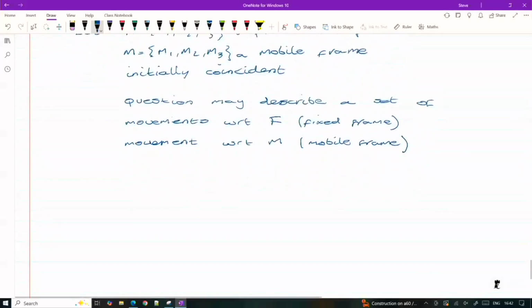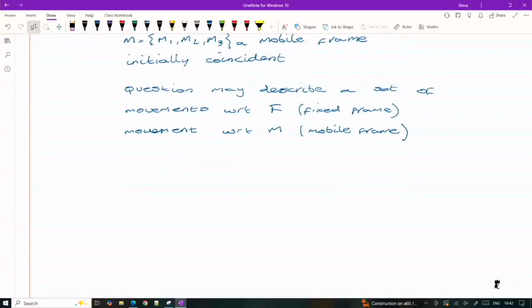Okay? So typically what you would have in a robot system is the first 3 joints that allow you to position the mobile frame, which is the frame of your end effector, in space at x, y, z, and then you would move your end effector through a set of rotations around each axis called yaw, pitch and roll to orientate your end effector within your work envelope.